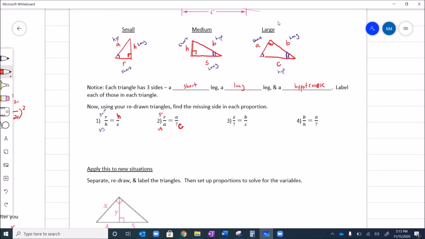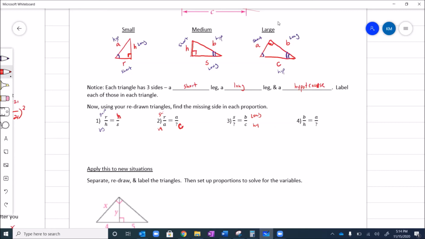Number 3, they flipped the order around on me, but I have my complete ratio here, B and C. Which triangle are B and C in? My large triangle, and that is my long side and my hypotenuse. So I'm looking for the triangle where S is my long side, and that's the medium.